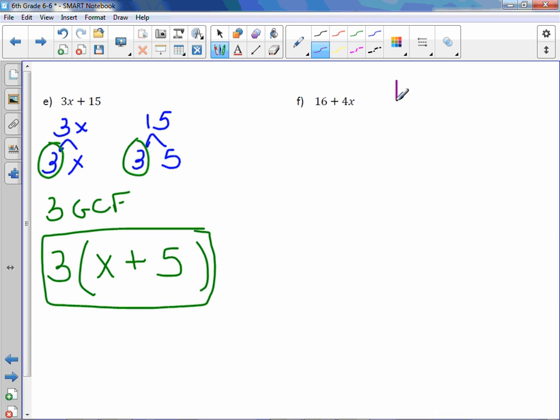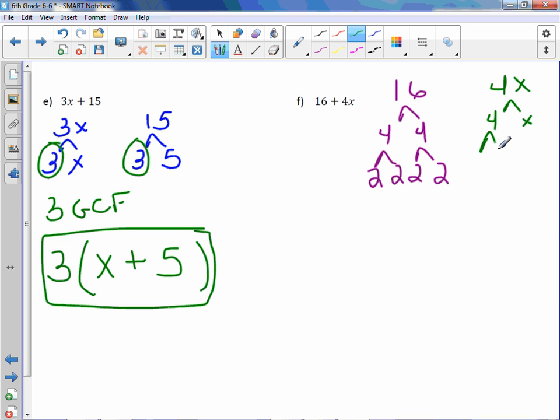Letter F. 16 is 4 and 4. And each of these 4's has 2 2's. 4x is 4 times x. And 4 can be broken down to 2 and 2. Bring down that x. We have 2 2's in common here.